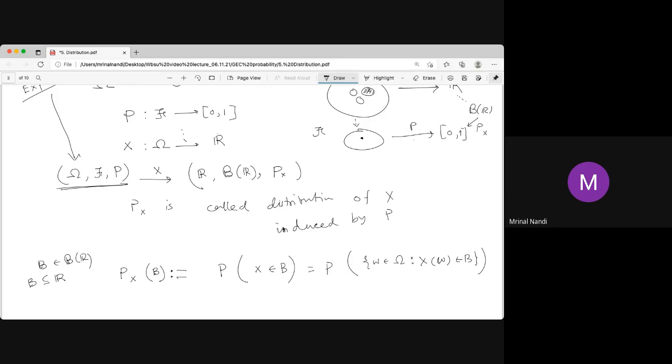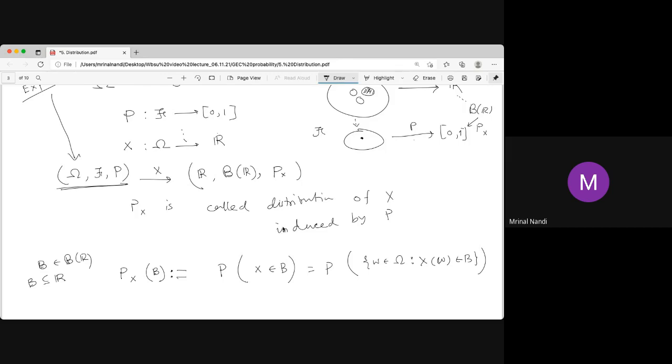Now this is the whole scenario, the whole story. We have a sample space, we have a set of events, and we want to find the probability of all these events, using permutations, combinations or other probability calculations.